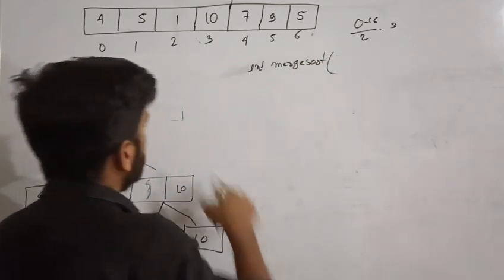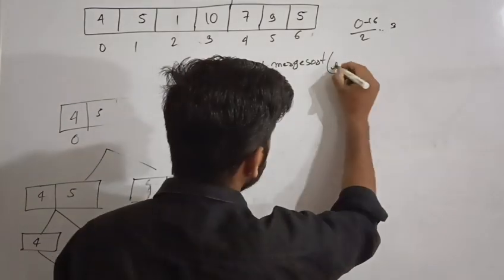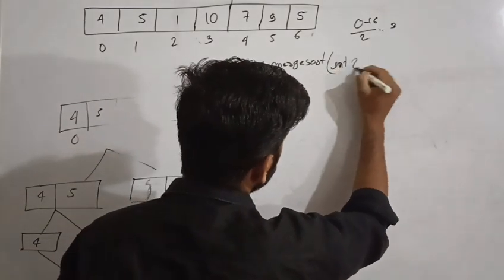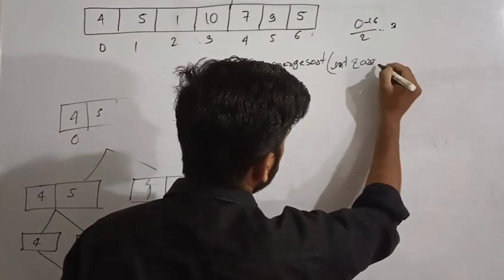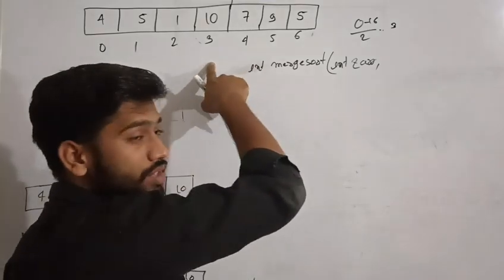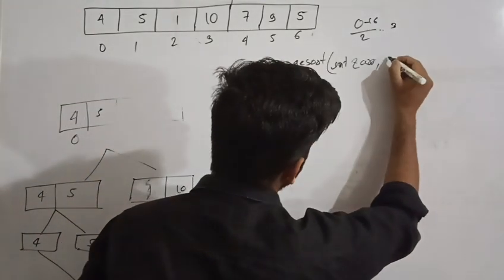Now this array should be passed, then int, suppose this array, and also the size of the array.